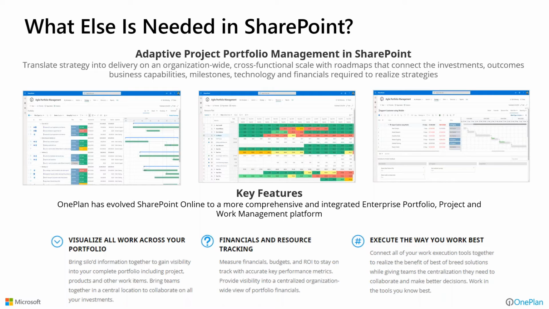The ability to have detailed time phased schedules at a granular level to manage things across the execution of your projects are all things that SharePoint won't do for you out of the box with its native capabilities, and needs some help in order to make that happen.